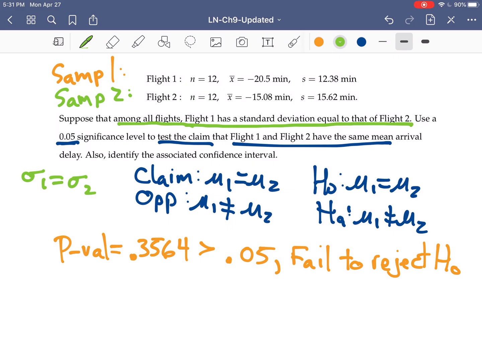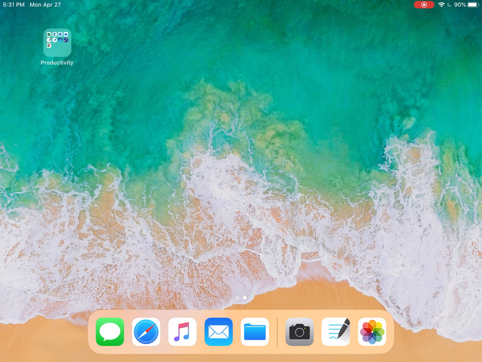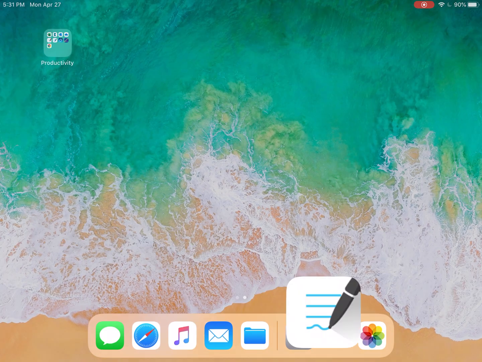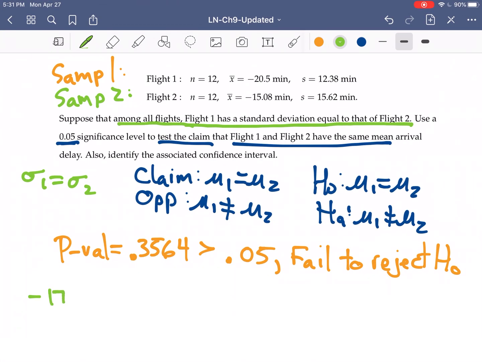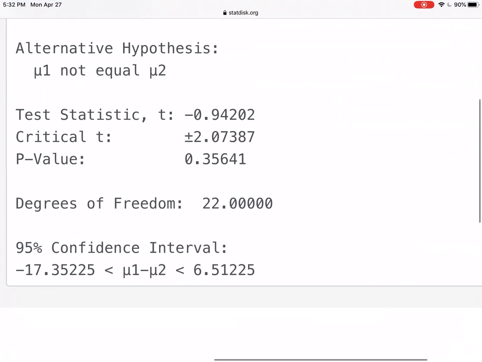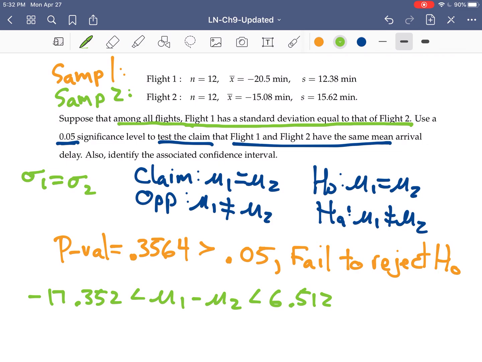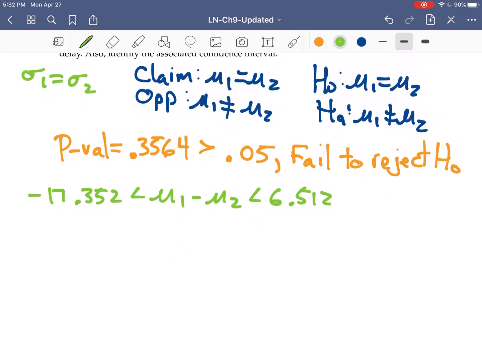We also need to identify the confidence interval: negative 17.352 to 6.512. Again, notice that 0 is in the confidence interval.